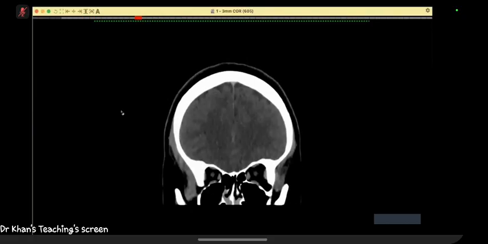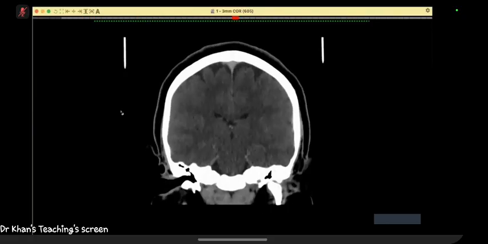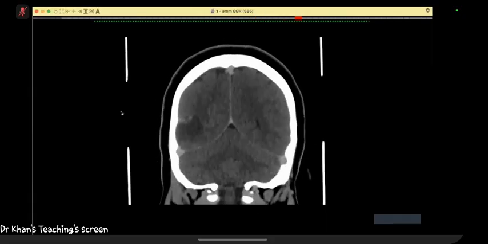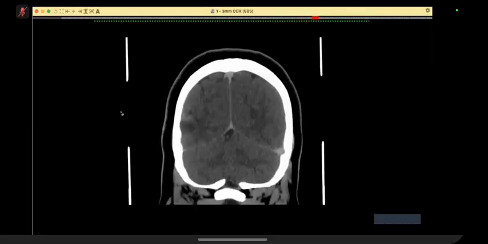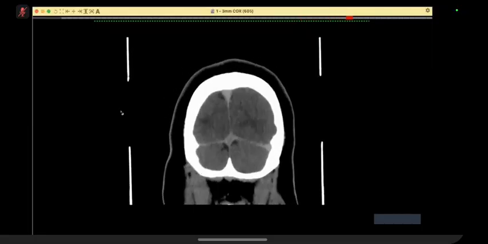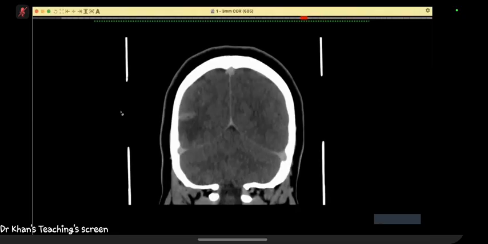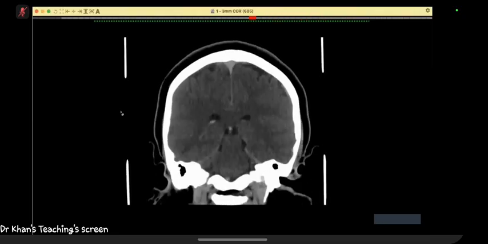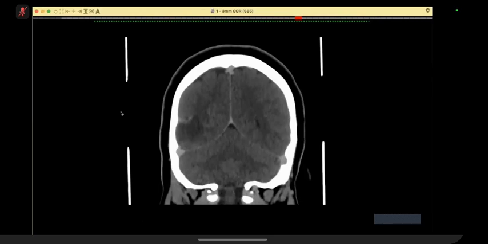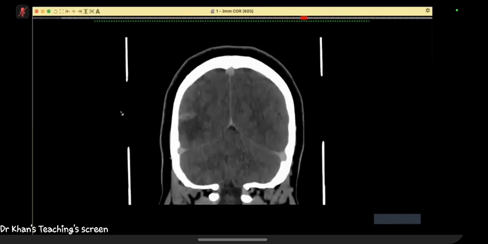Again in these coronal sections, I can see similar findings. There's some gyriform kind of enhancement in these coronal sections as well in that area. Besides that, I don't see any other significant finding.